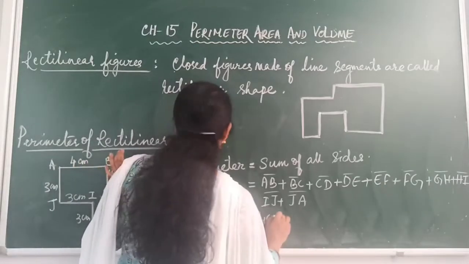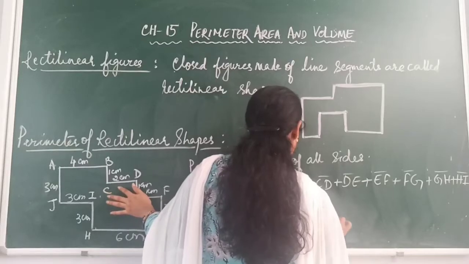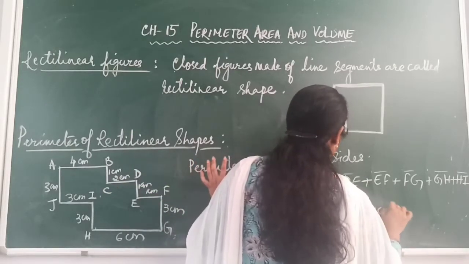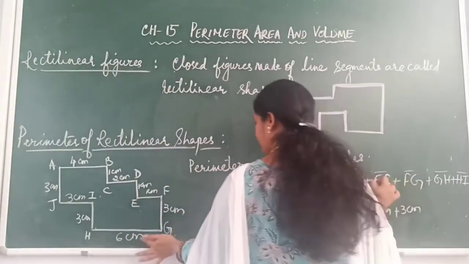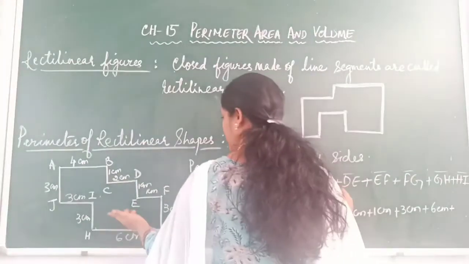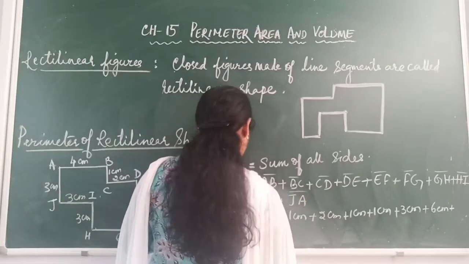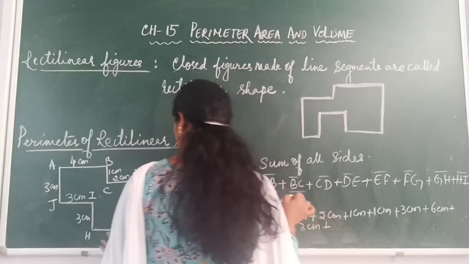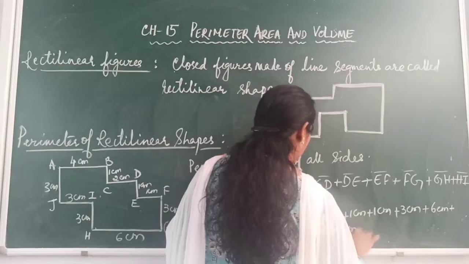That is 4 centimeter plus 1 centimeter plus 2 centimeter plus 1 centimeter plus 1 centimeter plus 3 centimeter plus 6 centimeter plus 3 centimeter plus 3 centimeter plus 3 centimeter.